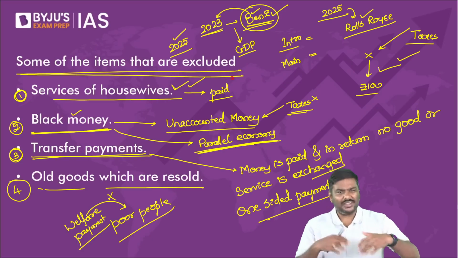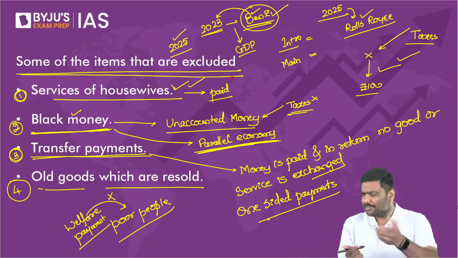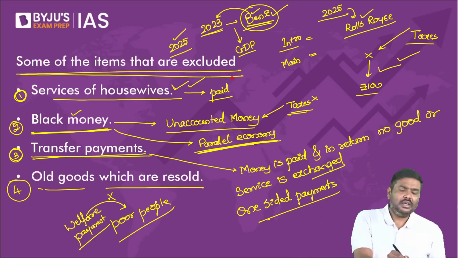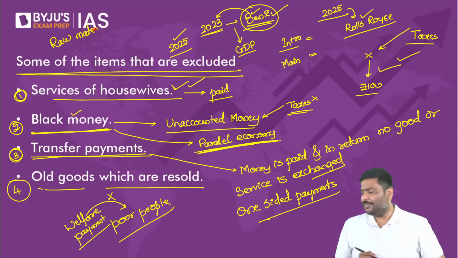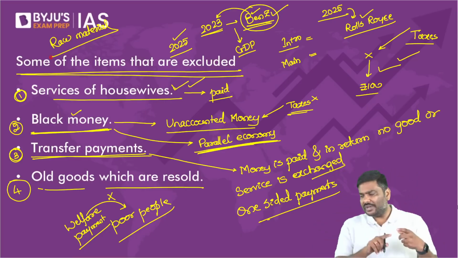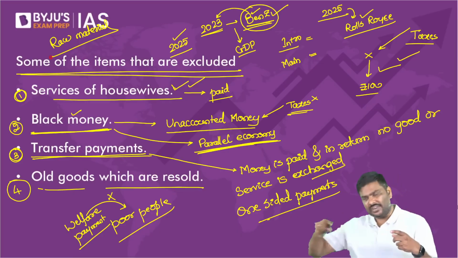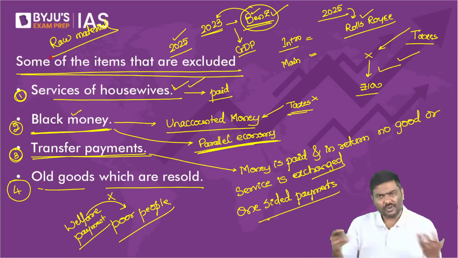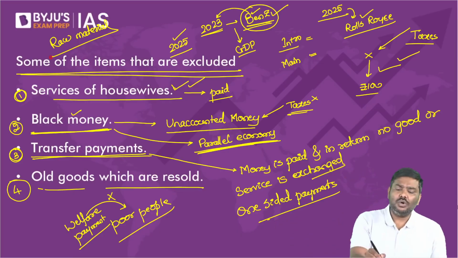Of course, are there many more things? Of course, yes. For example, please tell me, raw material. Will you keep on counting raw material or input cost at every stage in the calculation of GDP? Of course, you know. What about the goods which are produced for self-consumption?